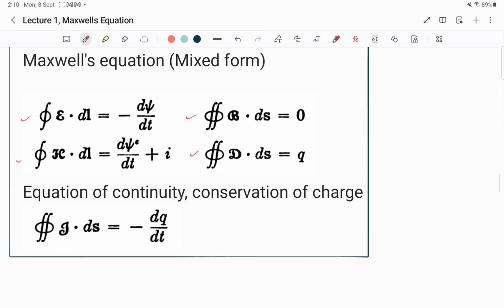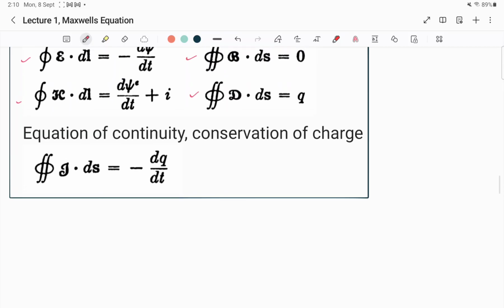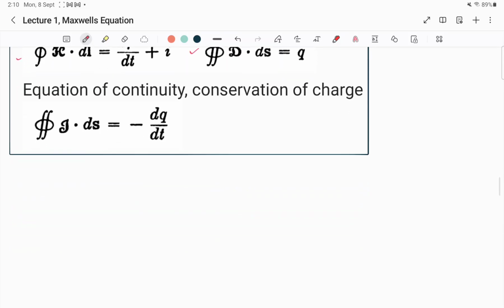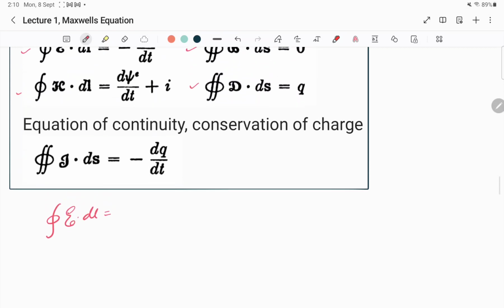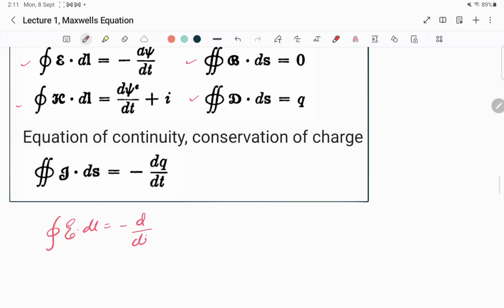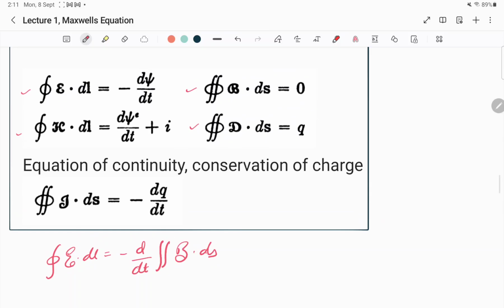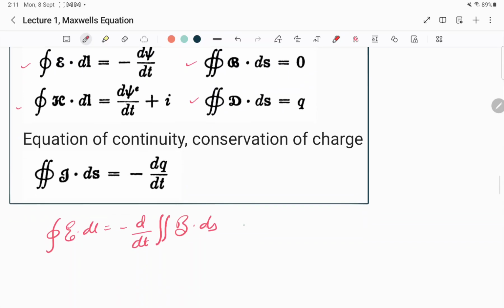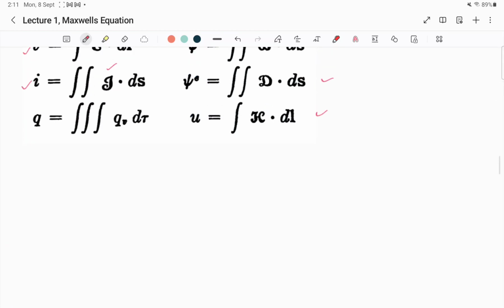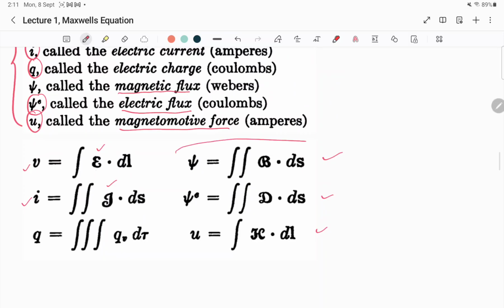Okay, so let me write down the first Maxwell's equation in integral form, which is minus d by dt surface integration of B dot ds. Okay, this is Maxwell's equation in integral form, which we just now have derived. Now I am going to use this particular formula, that is psi is equal to surface integration of B dot ds.